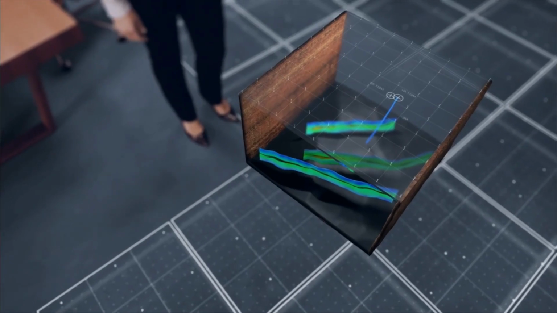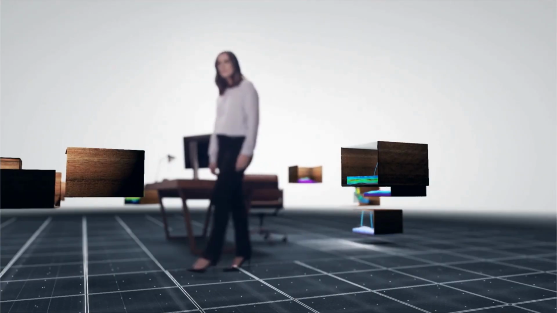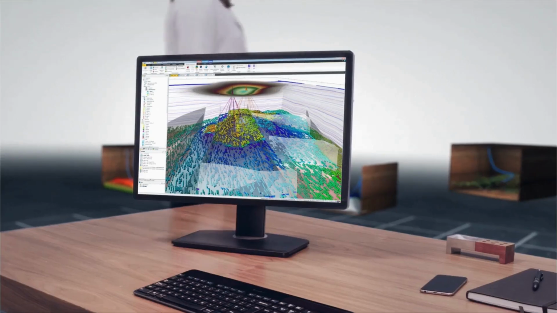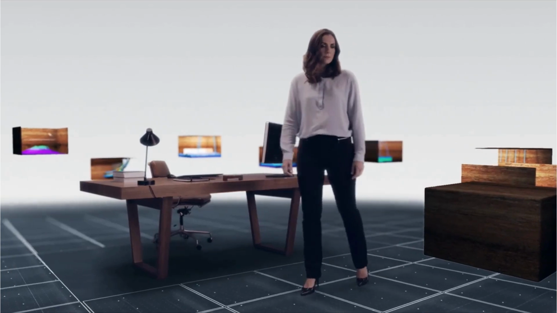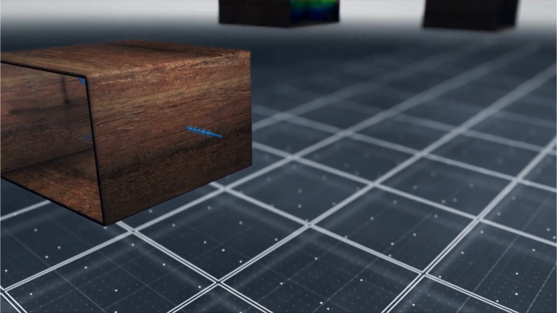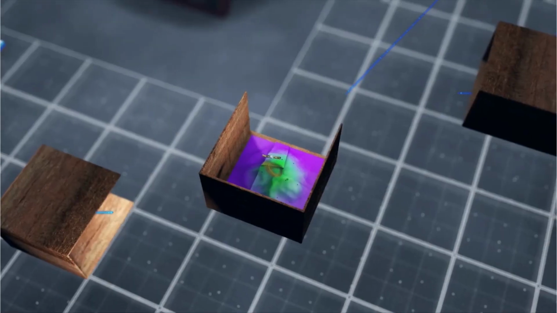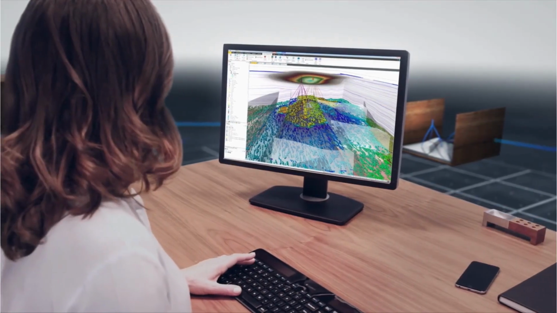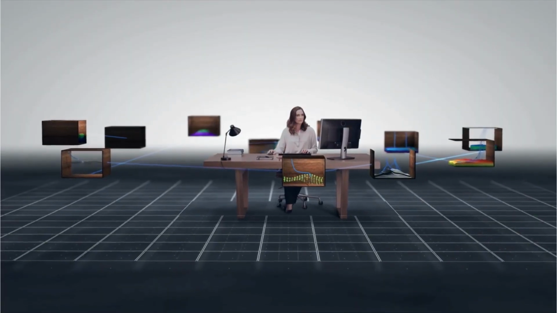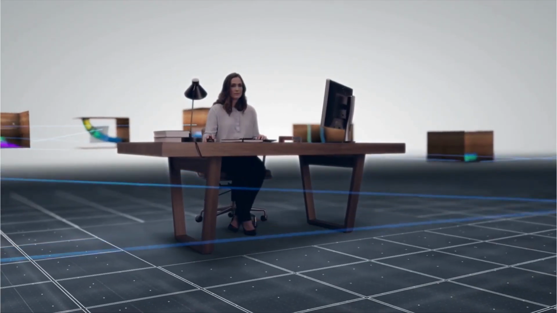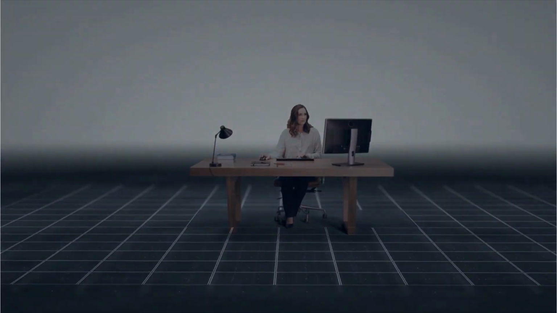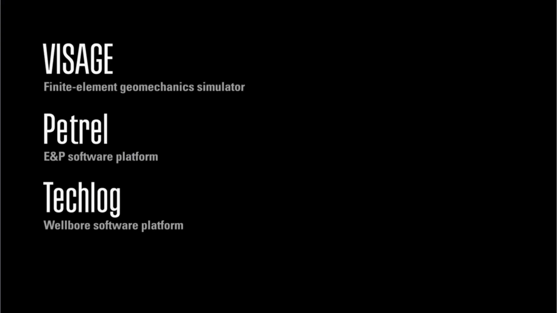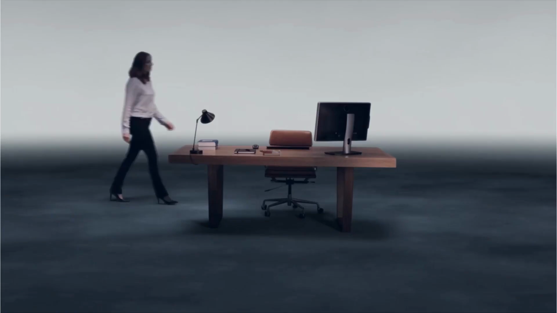Knowing how stress is distributed in your reservoir enables you to answer these questions. Schlumberger software solves today's complex subsurface challenges by providing critical insights into the mechanical behavior of your asset and the surrounding rock. so you know where to place your wells and how to design the best field development plan.